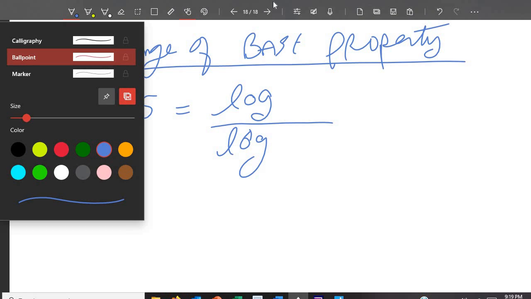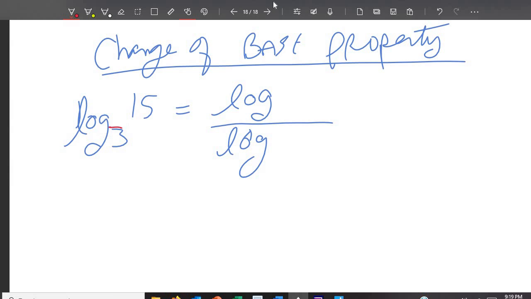Now, notice that this base is 3. As long as I do it to the top and the bottom, I can change my base to be anything. Let's say I want to change it to a 17. Why? I don't know. Just to show you what's going on. Alright. The 15 goes in the top.